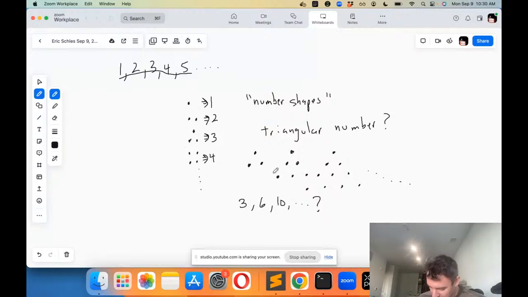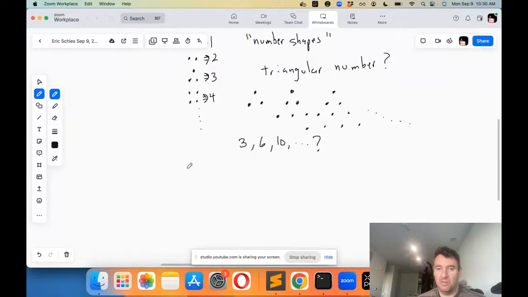Well, if we use number shapes, this becomes immediately obvious, right? It's just going to be plus 5, because this base had 4, and then we need 1 extra one. So we need 1, 2, 3, 4, 5, right? So we can think of this sequence as, what are all the triangular numbers?